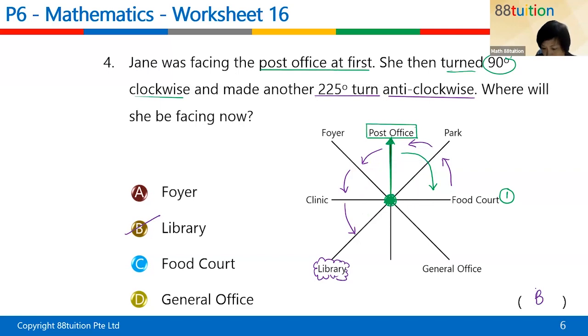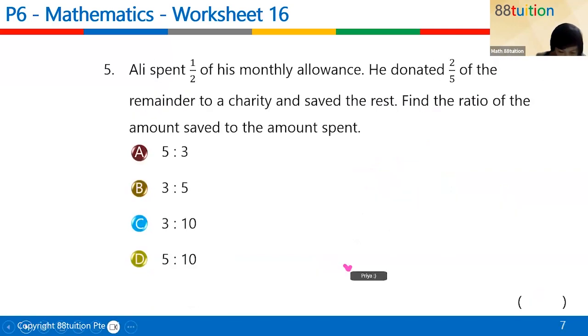Okay. And next one, question number 5. Ali spent half of his monthly allowance, donated 2/5 of the remainder, and saved the rest. Okay, half of the monthly allowance.